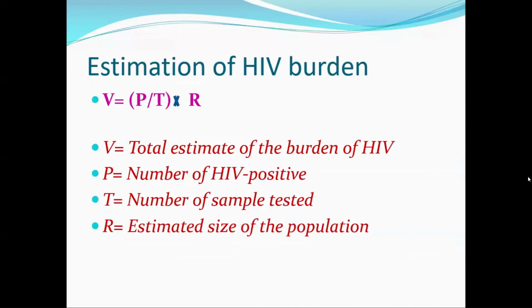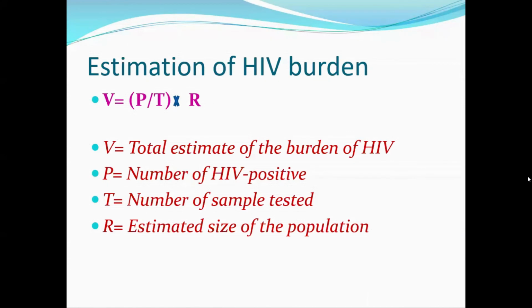Now, the estimation of HIV burden. This is the formula: B equals P upon T into R. B means the total estimate of the burden of HIV, which we are going to estimate. So how big is the problem?